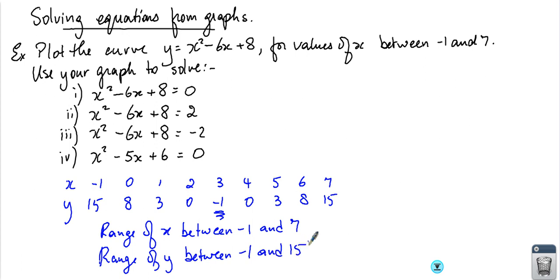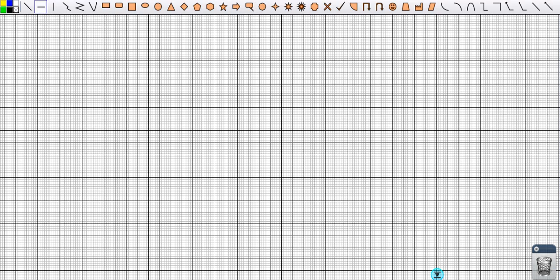I do that so that I would know how to divide my graph.